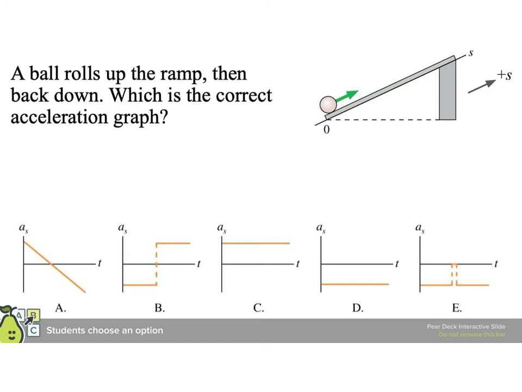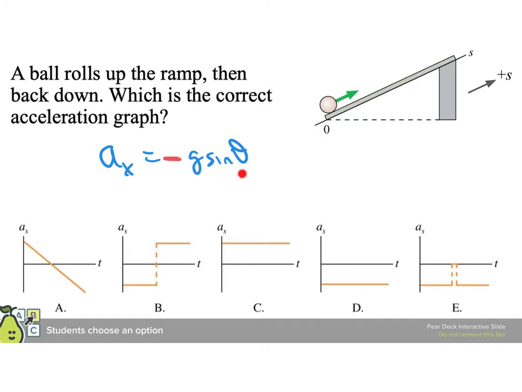All right, so our expression is that a_x is going to be g sine theta, and then we see that it's opposed. The acceleration is down the ramp, and plus x is up the ramp. So I'm going to put a minus sign here, and that tells us two important things.